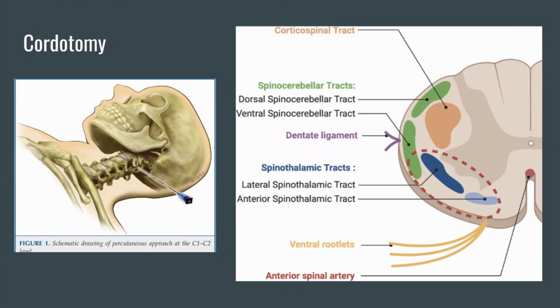Contraindications, as with most: abnormal coagulation, infection, severe respiratory dysfunction, and advanced disease that hinders positioning the patient correctly for the procedure.